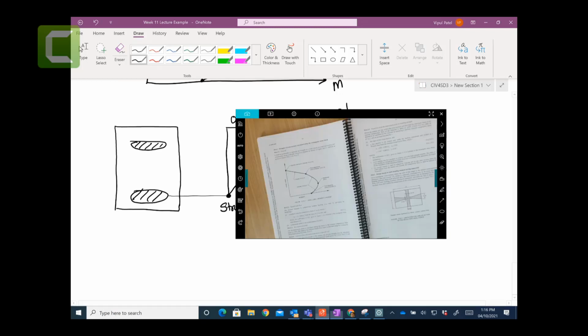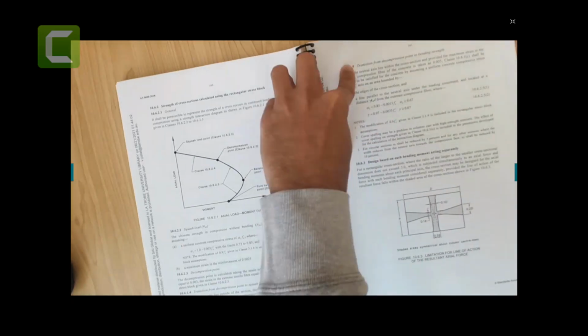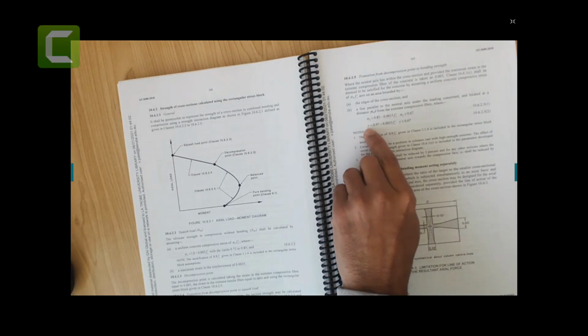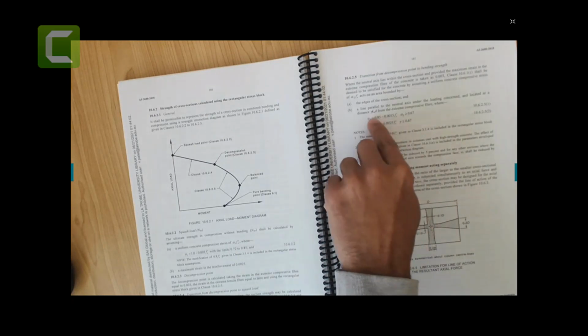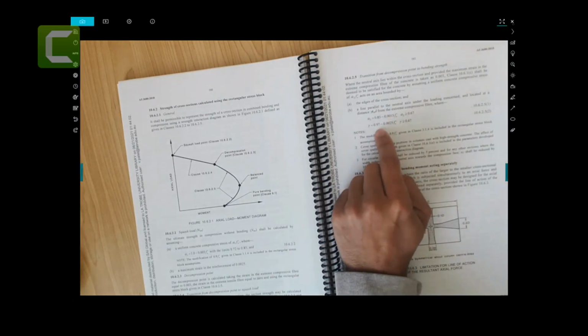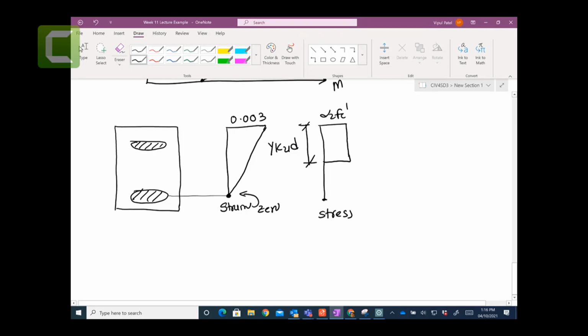Do you remember that they were talking about the stress block, that you need to use the rectangular stress block, 10.6.2.5. So the detail is given here, the alpha 2 and gamma values are given here, same as in the beam one. We can use that stress block to calculate the stresses in this one.